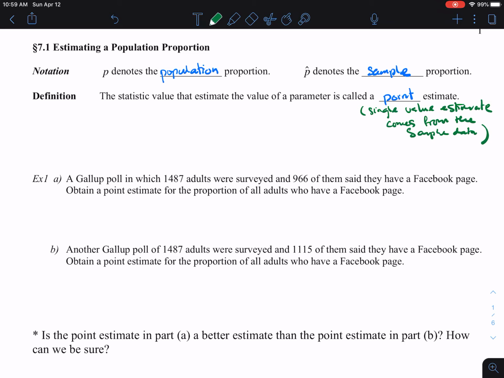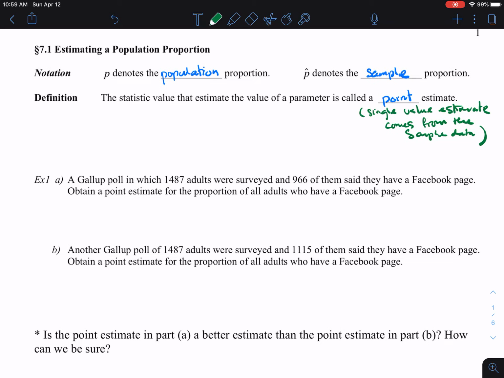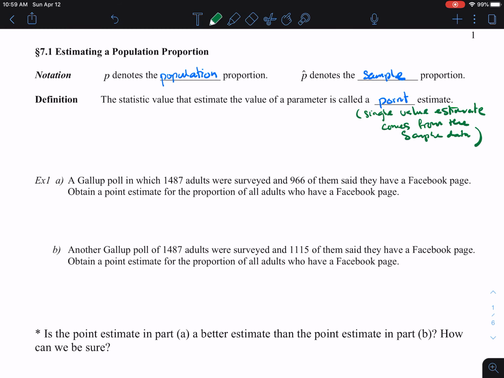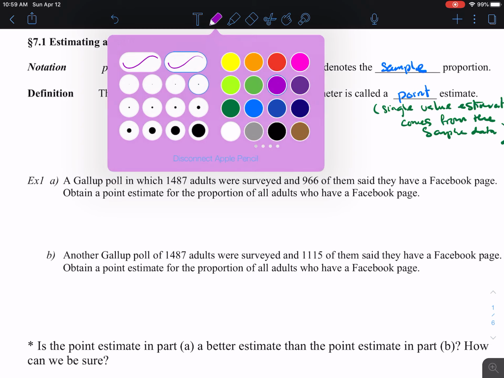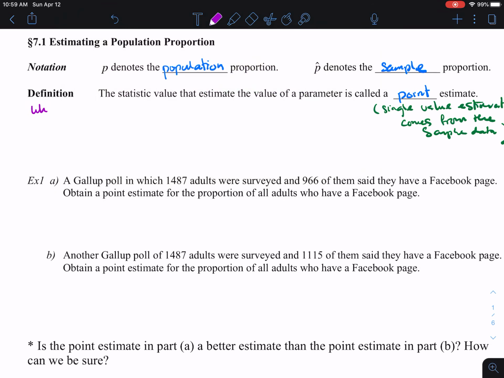All right. So what's the purpose of this lesson? Let's look at this through a question. Suppose we want to find out what proportion, and another word for proportion is percentage, guys. So suppose we want to know what percentage of gun owners in the United States.